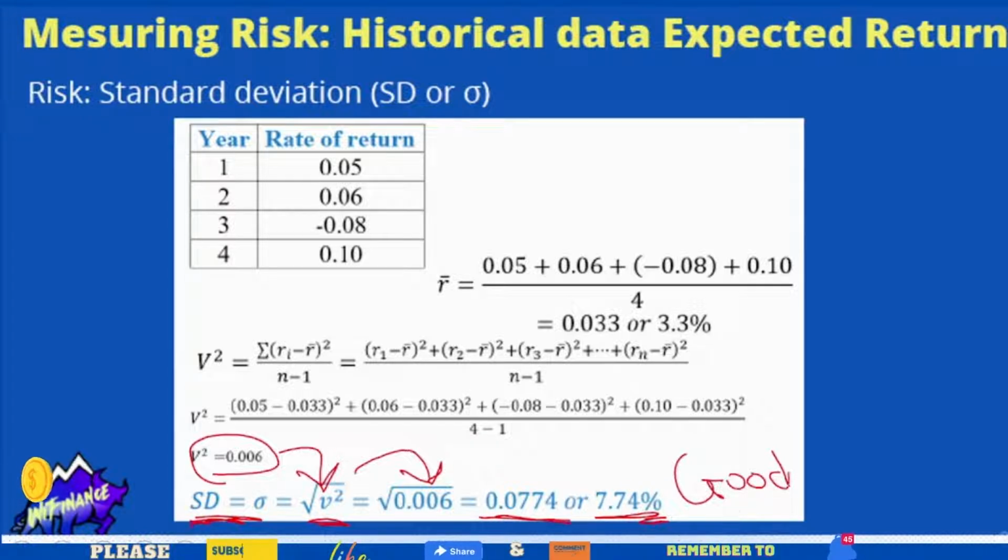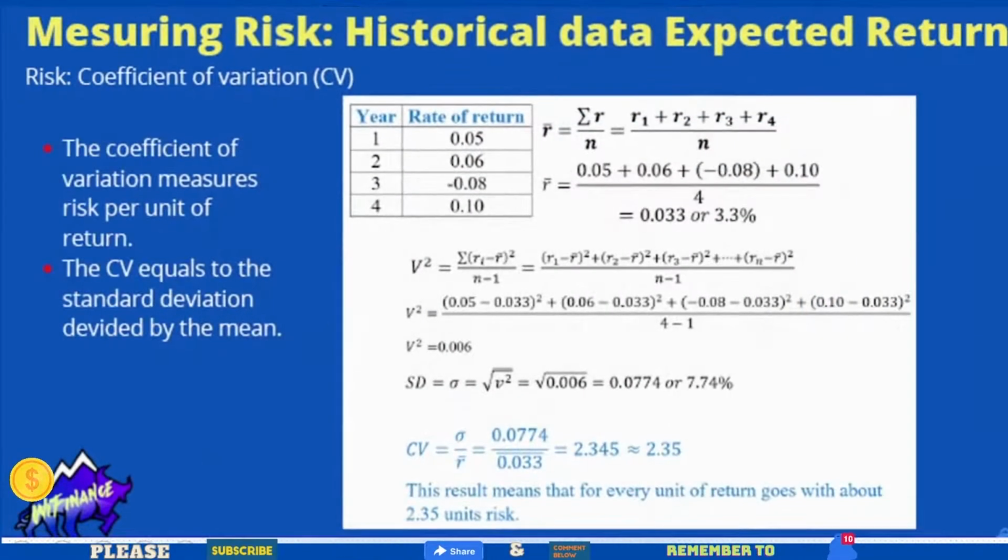Coefficient of variation. You can also calculate the risk of an investment by calculating the coefficient of variation, which is simply the standard deviation divided by the expected return or mean. Here, it comes out to be 2.35.